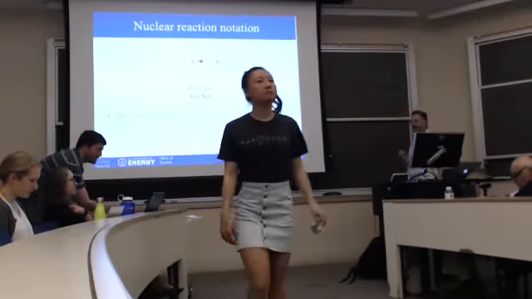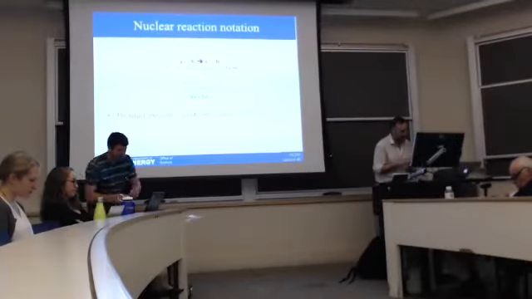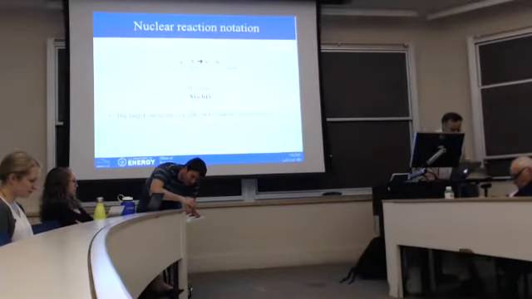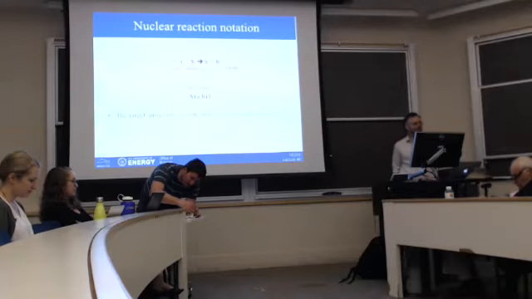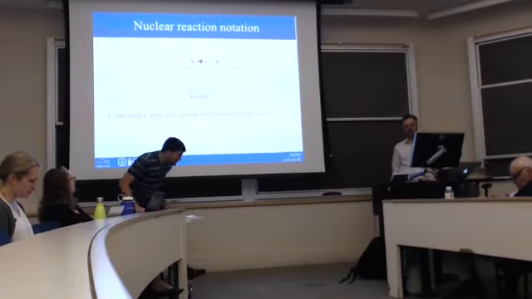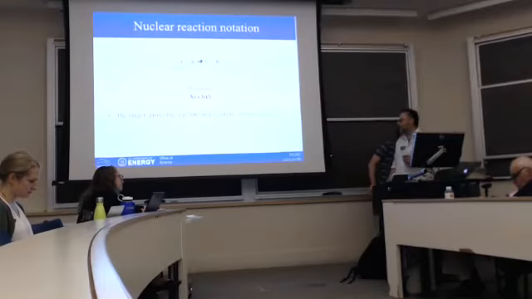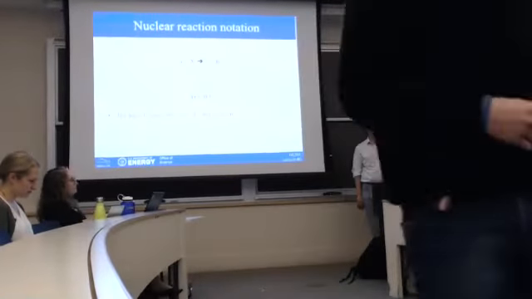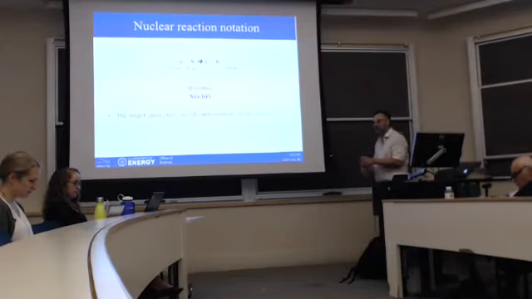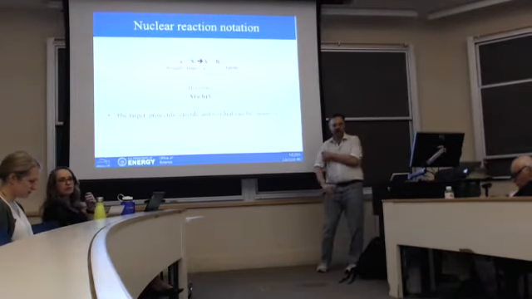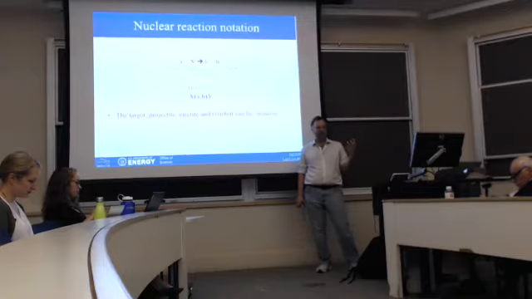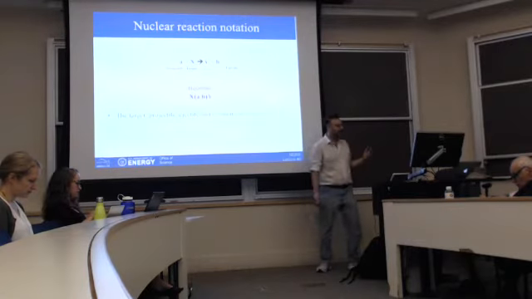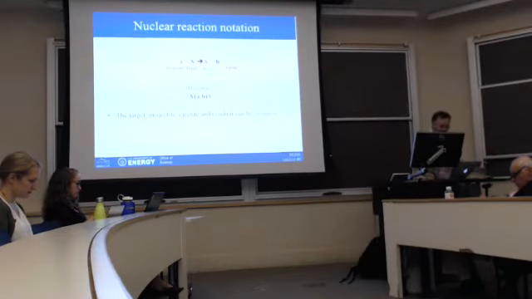So the first thing to keep in mind is this weird notation that we use in nuclear physics. Unfortunately, I thought maybe I could get away with not doing this. But if we're going to ask you to look online at the National Nuclear Data Center and pull down information, you need to understand this notation.